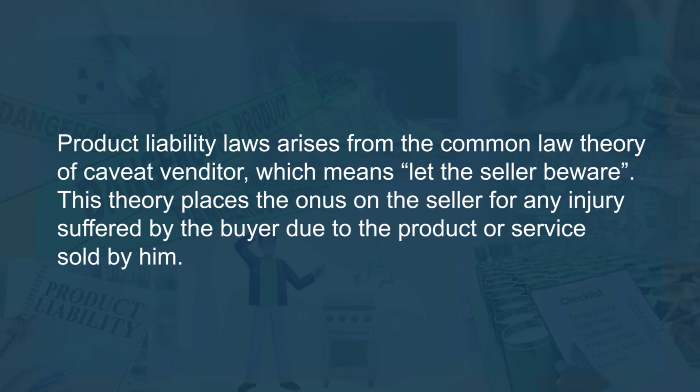Product liability laws arise from the common law theory of caveat venditor, which means let the seller beware. This theory places the onus on the seller for any injury suffered by the buyer due to the product or service sold by him.